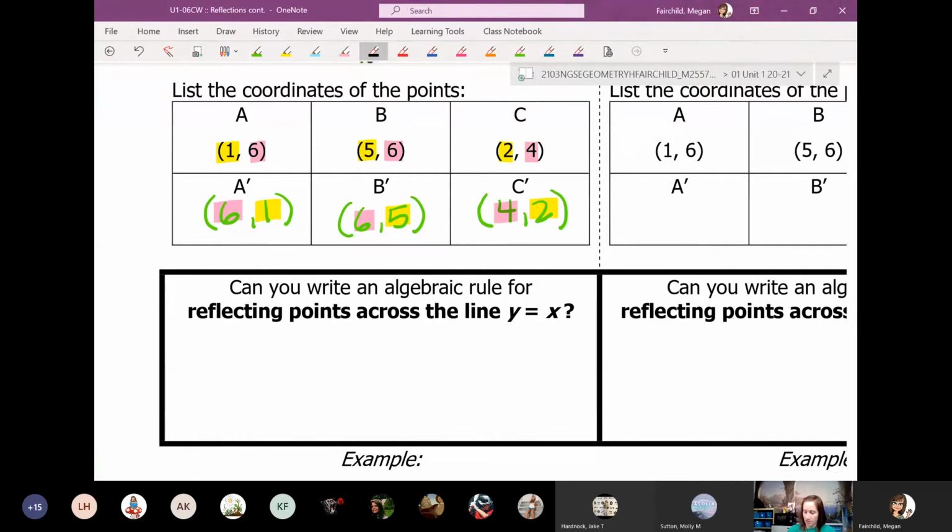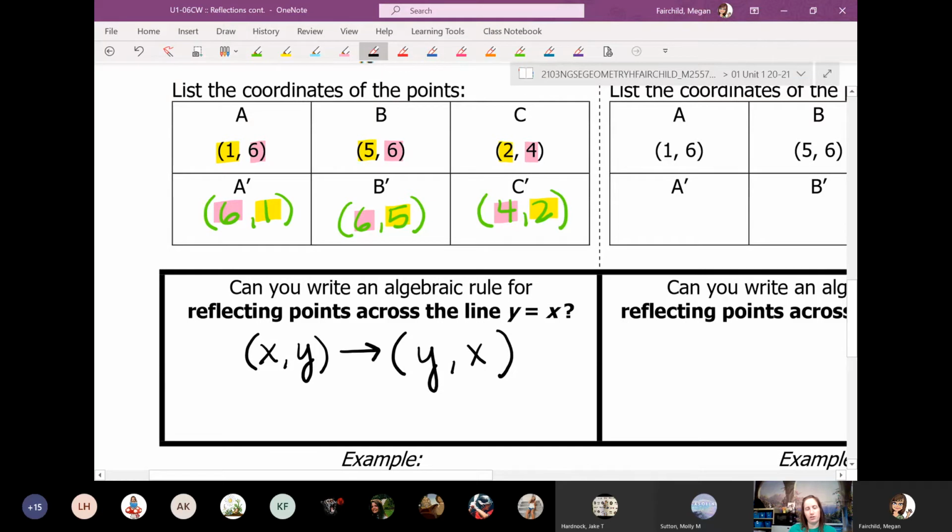So basically what we're going to say is when you're reflecting points across the line y equals x, x comma y will give you, what do you think it's going to be? So they flip places, so it would be y comma x.